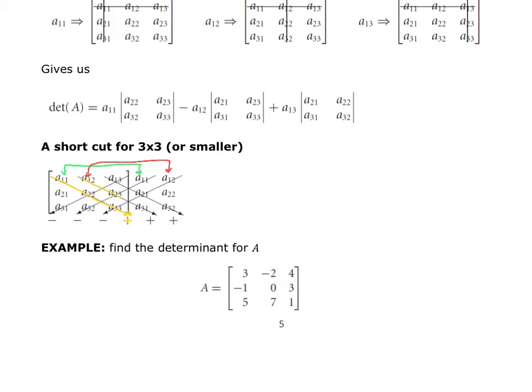When you multiply in the opposite direction, you're going negative, so these will all be subtracted.